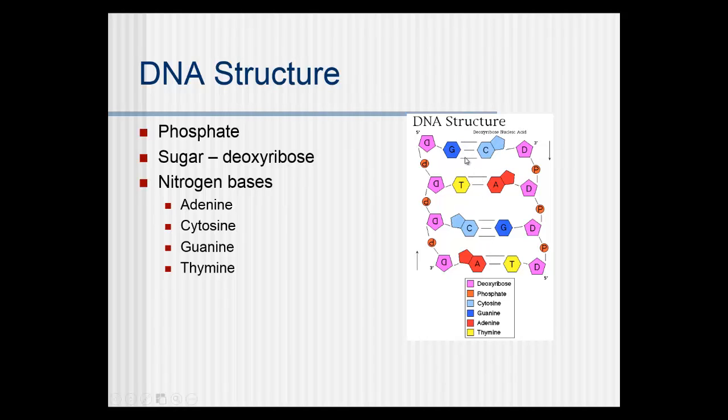That's what bonds these nitrogen bases together, the hydrogen bonds. So although they're weak, they do play a very important role in DNA structure. These hydrogen bonds are broken when we need to make a copy of DNA, which we'll talk about in just a little bit. So know that these are hydrogen bonds holding the rungs of the DNA ladder together between these nitrogen bases.